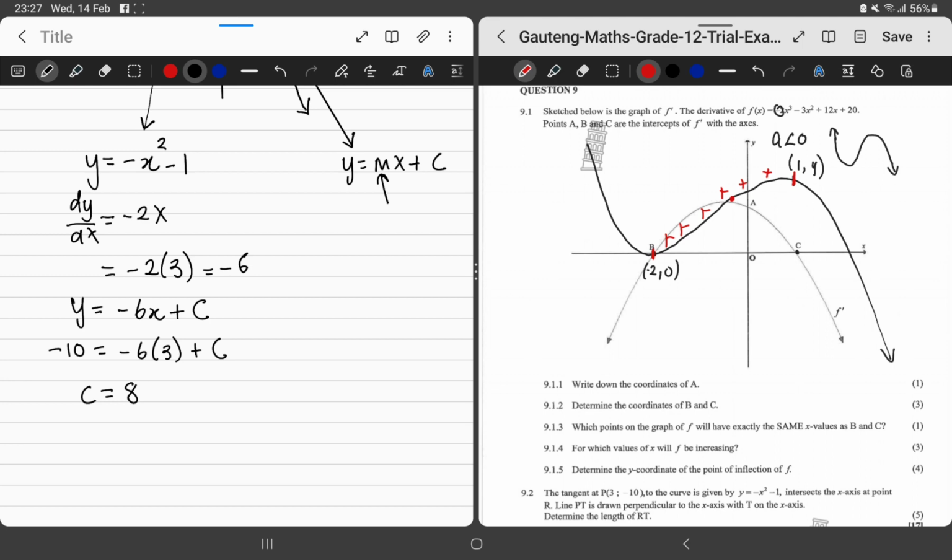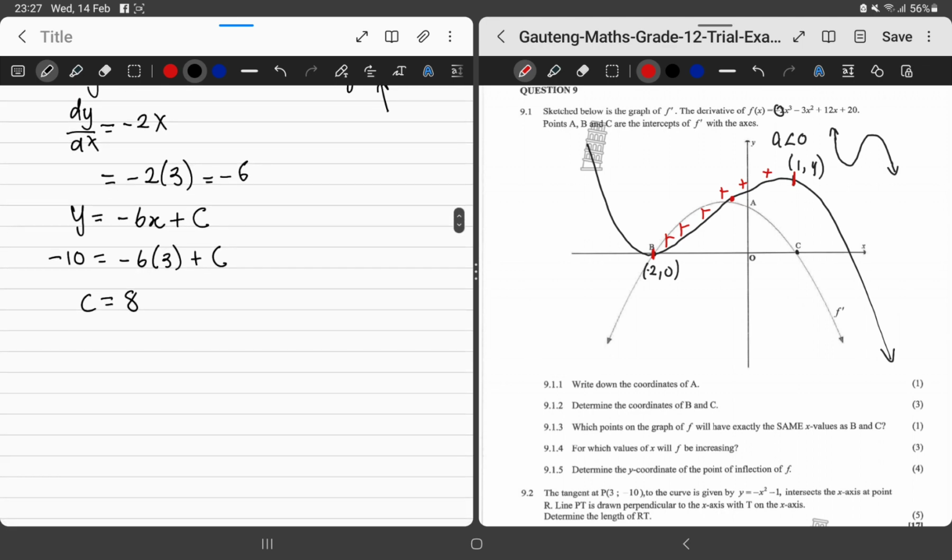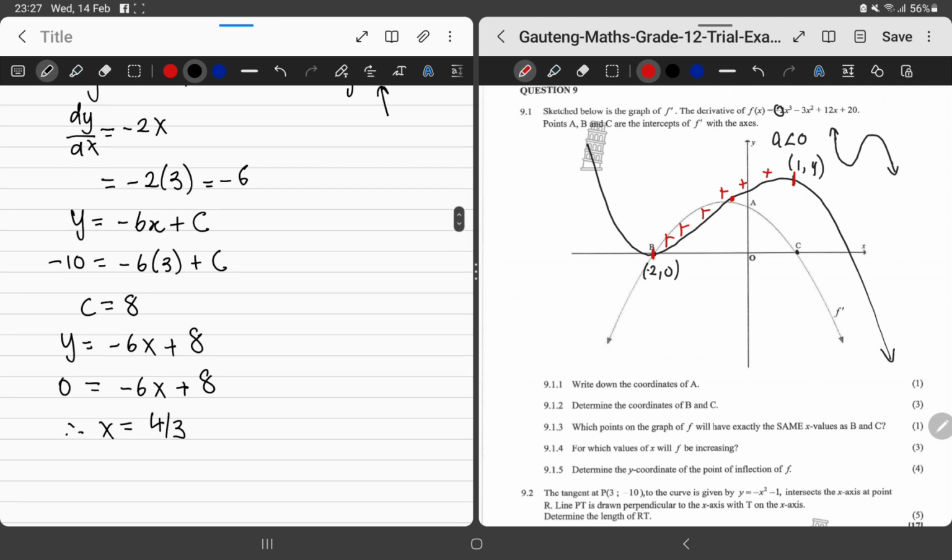They told me that the tangent intersects the x-axis at point R, so R lies on the x-axis. Now I know that my equation of the tangent is y = -6x + 8. In order to find the coordinates of the x-intercept, I let y = 0. -6x + 8 = 0. Therefore, x should be equal to 8 divided by 6, which is 4/3.